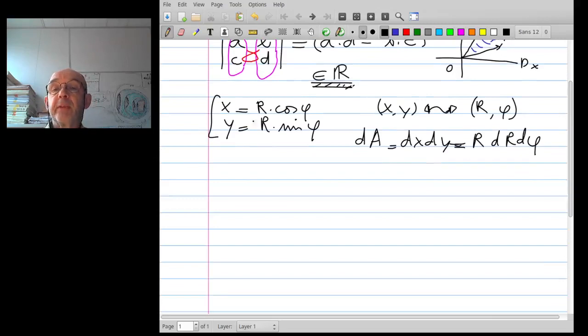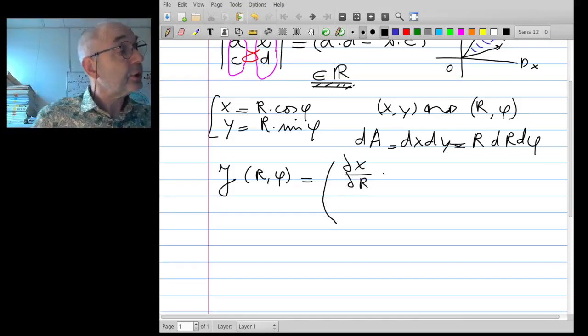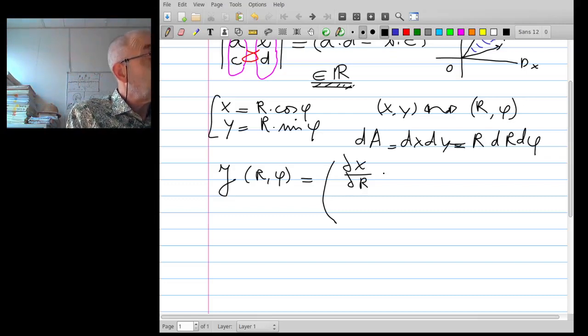And what are you then doing? First of all, you calculate the Jacobian matrix, and let it depend on the radius and the phi. And the Jacobian matrix is nothing else than the x_r.